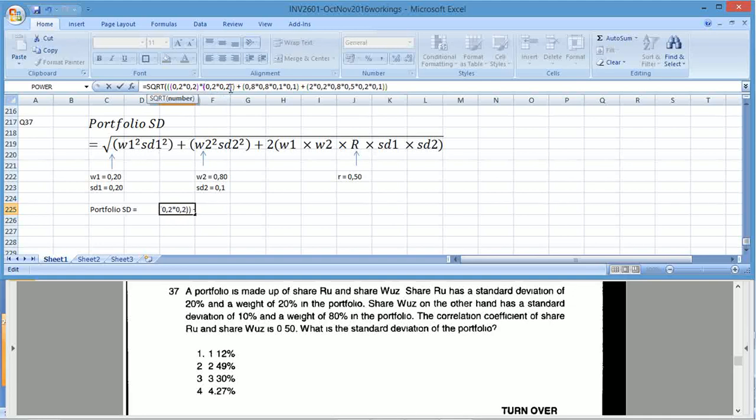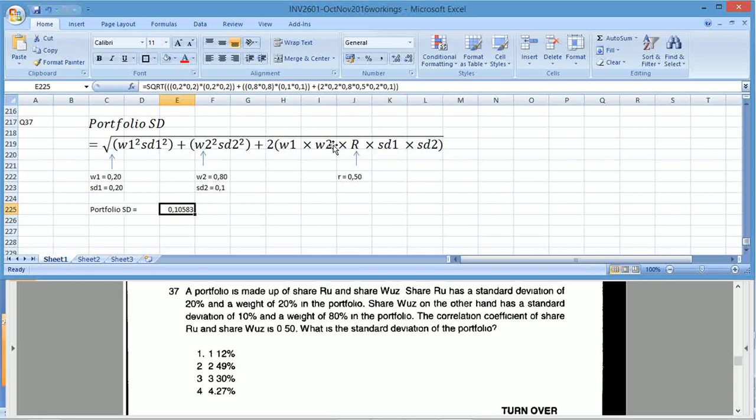Okay, brackets there, and then brackets there, and brackets there. Still gives me that answer. What did I do here? Oh, the 2 must be outside. No, it shouldn't make a difference. BODMAS is still applicable.